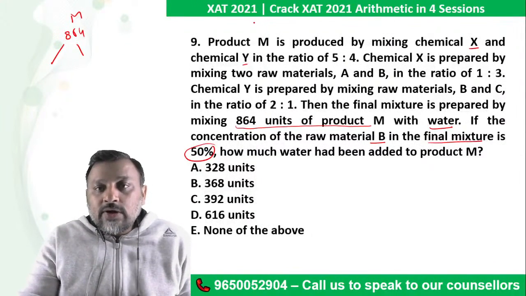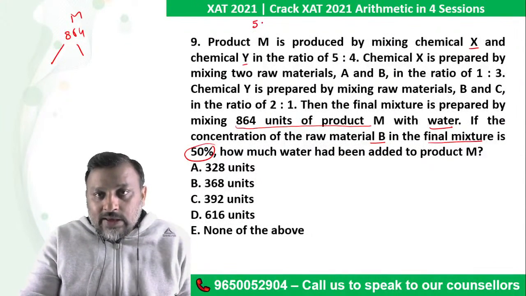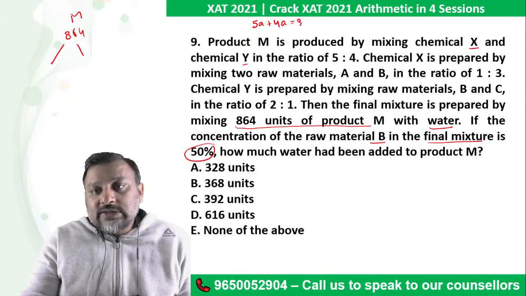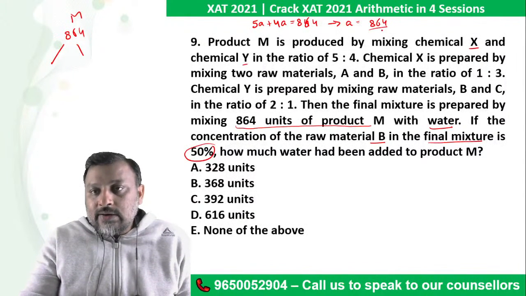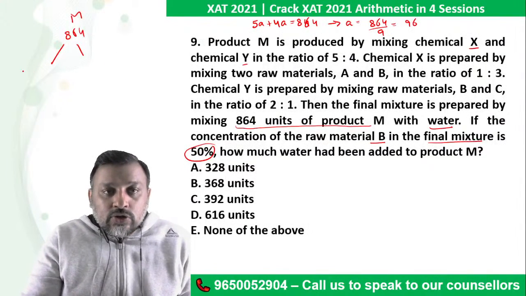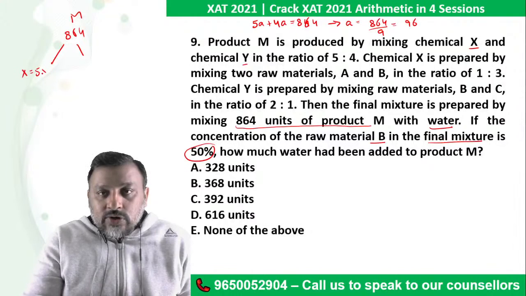So if I say X is 5A, then Y would be 4A and together it is 864. So from here I'll get the value of A, which is 864 by 9, that is 96. So X is 5 times 96, and Y is 4 times 96.